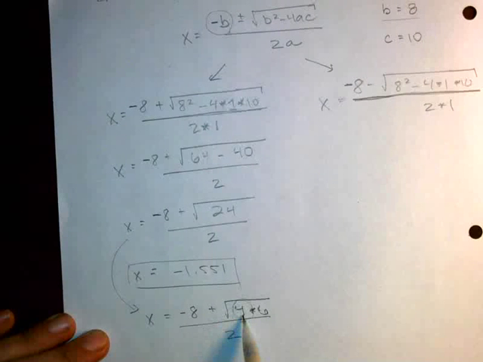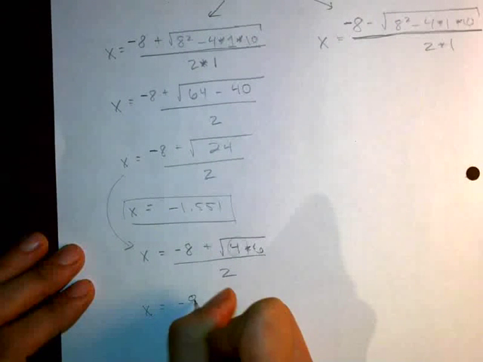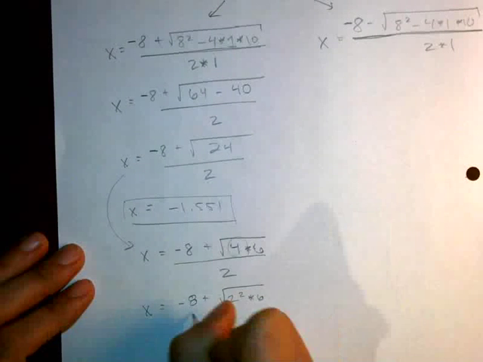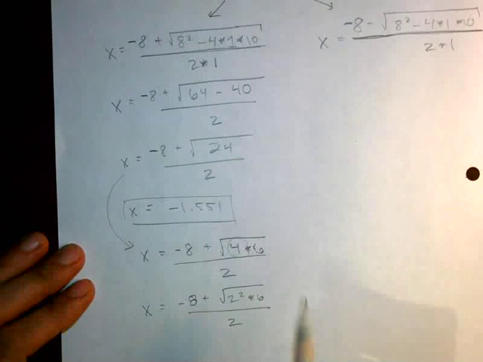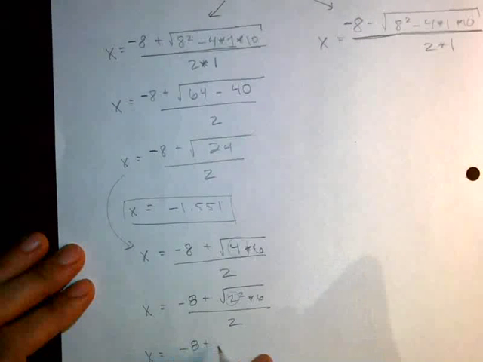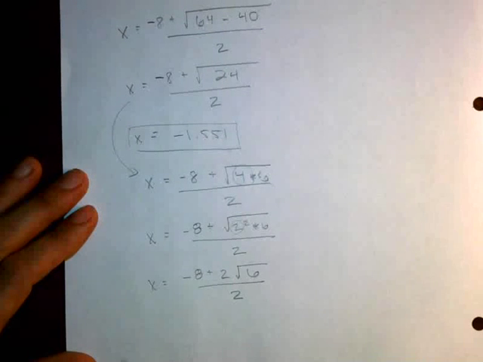And the reason that I've written it this way is because 4 here is a perfect square. 2 squared equals 4. So I can keep going and say that X is -8 plus the square root of 2 squared times 6, divided by 2. And now I have some number squared underneath the square root. That just ends up being the number. So X is -8 plus 2 times the square root of 6, divided by 2.